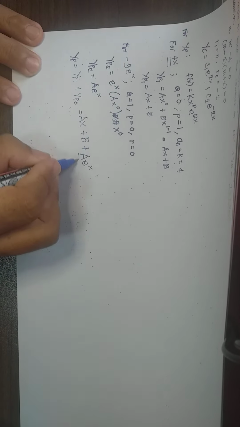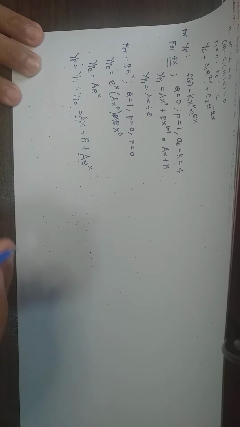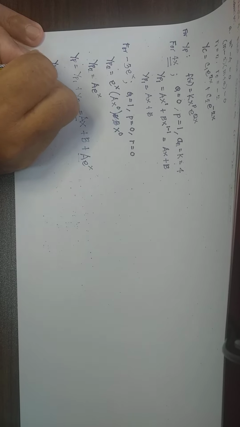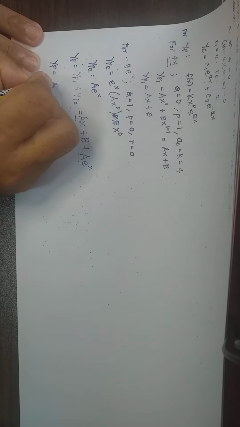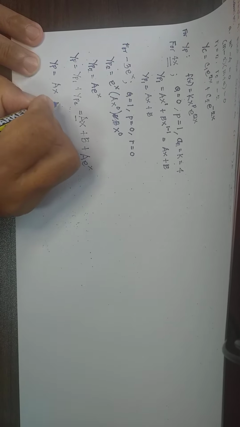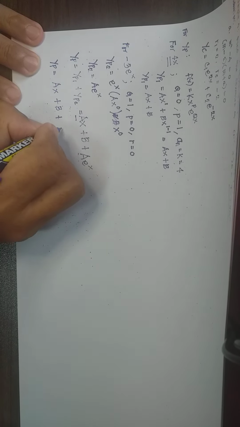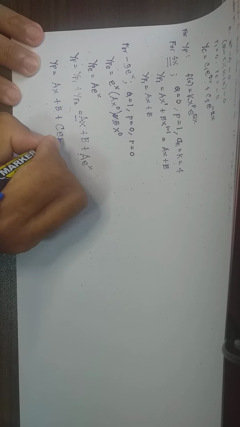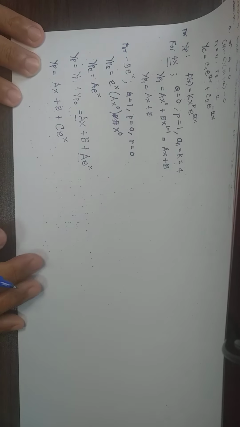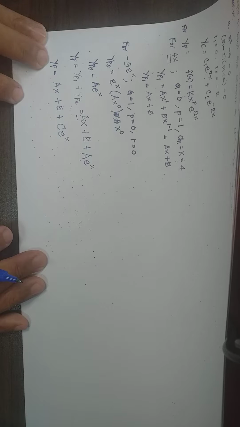Pero pansinin natin, parehong a yan. So what we're going to do is to replace, just for the sake of the computation, a with c, so yp is ax plus b plus c e to the x.